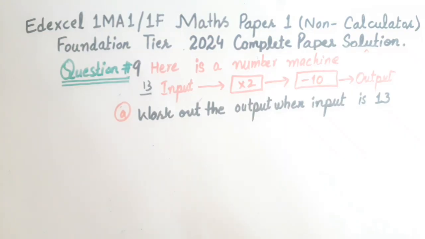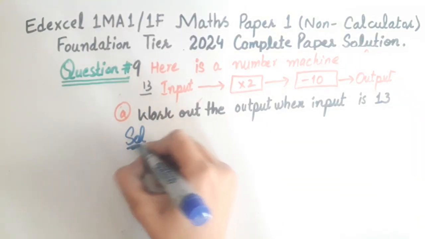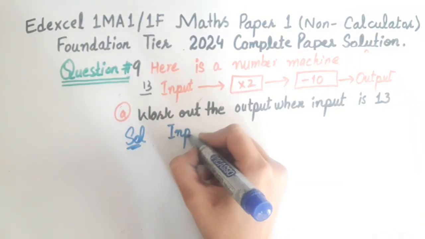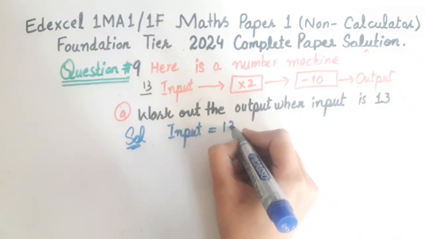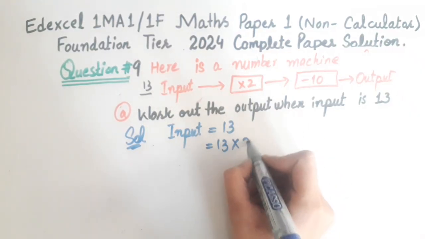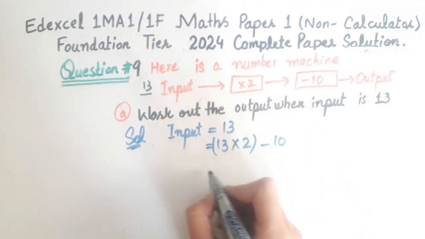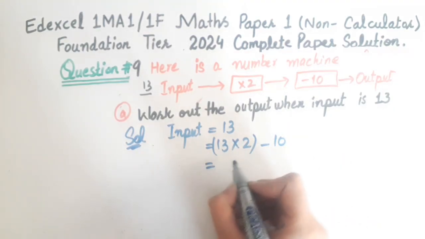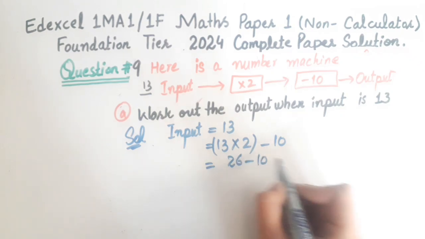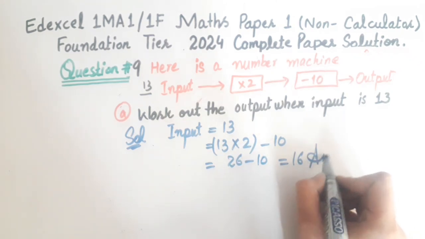First of all, input equals 13. Then 13 multiplied by 2 is 26, minus 10 gives the output. 26 minus 10 means 16. So the output will be 16.